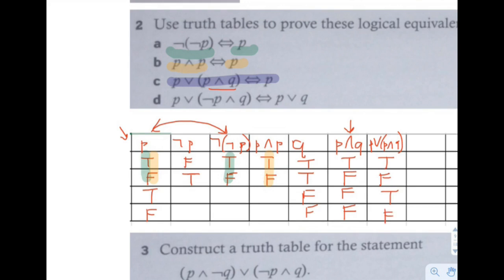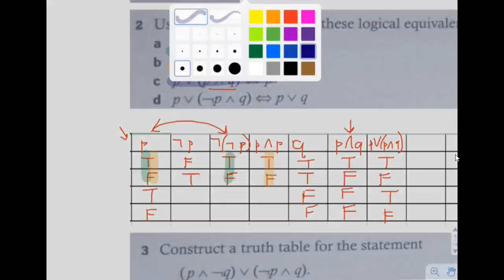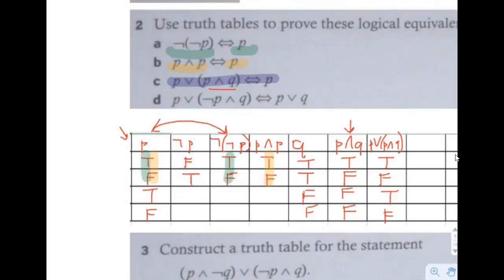Okay, so now we're going to check. Is this equal to P? Because it says that it's equal to P. Oops, I used a different color. I used this blue color. So this is equivalent to this, right? Okay.